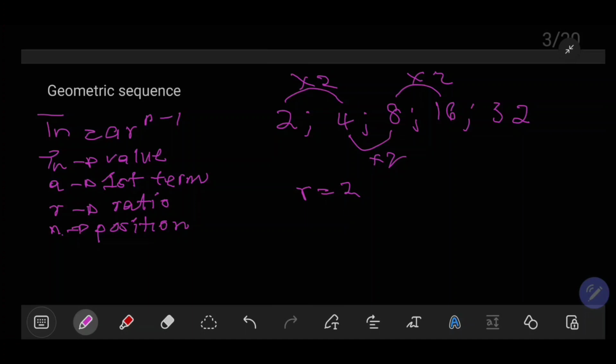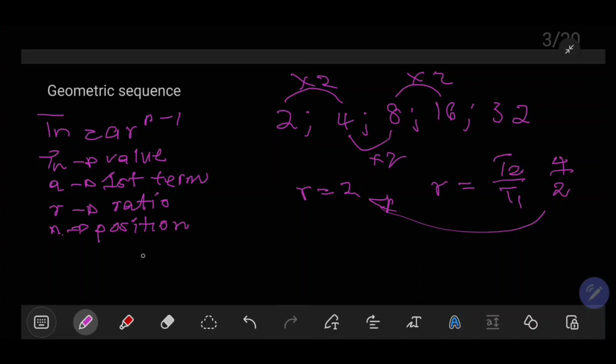So how do we get our common ratio? Our common ratio, r, is given by T2 divided by T1. If you take 4 and divide it by 2, you will get the exact value there.